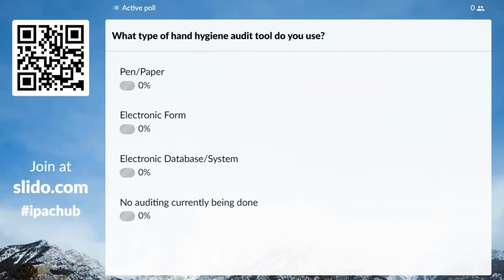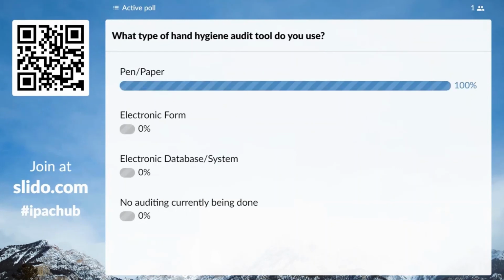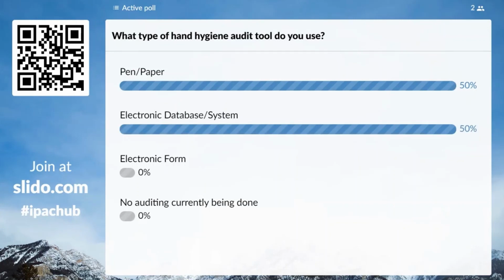Can we ask you now, some of you that have entered hand hygiene auditing that's taken place, could you let us know what type of hand hygiene audit tool you use and enter that into Slido? So there's a list there, and I'll just give you a minute to enter what kind of tool you use at your facility.